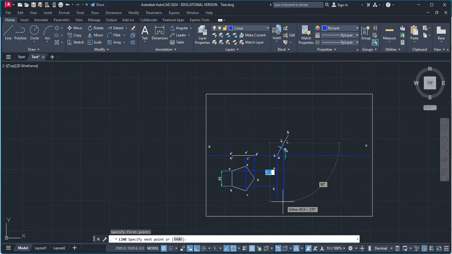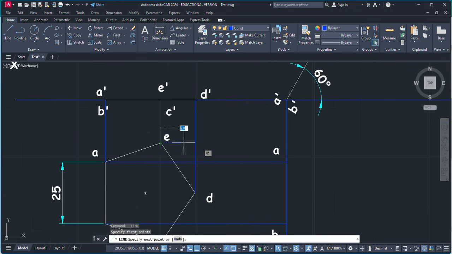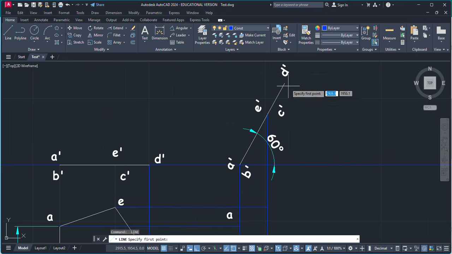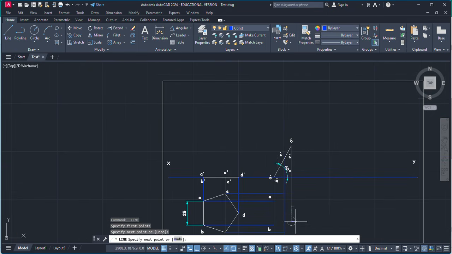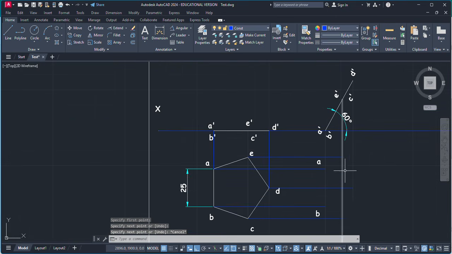That is why I told you to make this line in multiple segments. Now we have to trace this E here and C will be here. Again for D, from this point create a vertical line, and from this point create a horizontal line. So this point will be our point D.